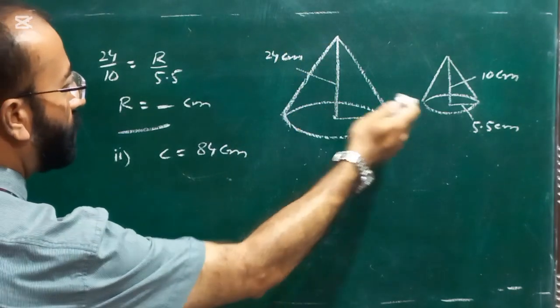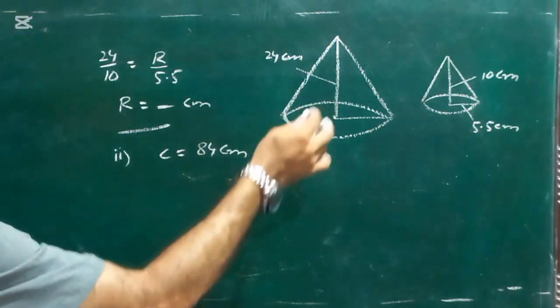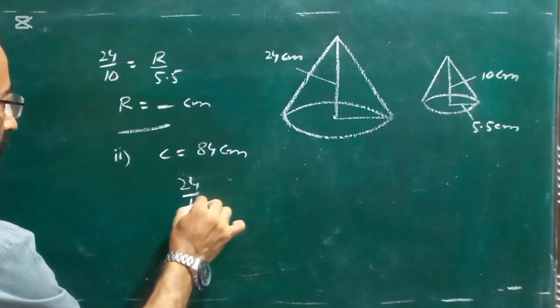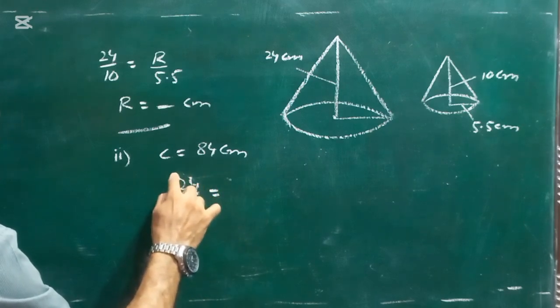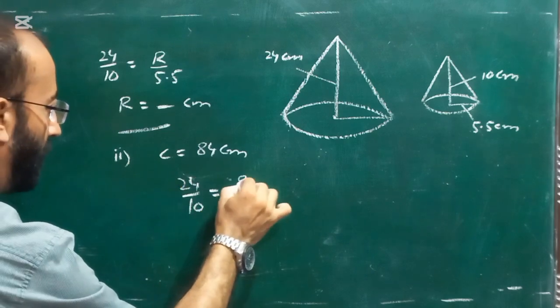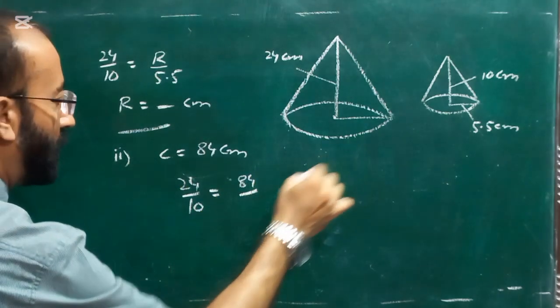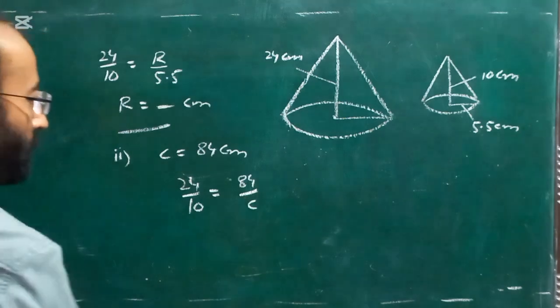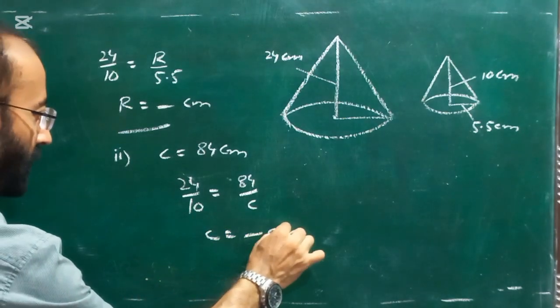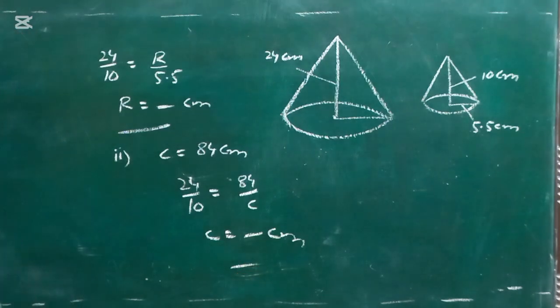So from bigger to smaller, so 24/10 will be equal to, so from bigger to smaller, and now the circumference of the bigger is given, that is 84, and the circumference of the smaller is missing, so small c. Just from here cross multiply the values, you will get the answer. Unit will be in centimeters.